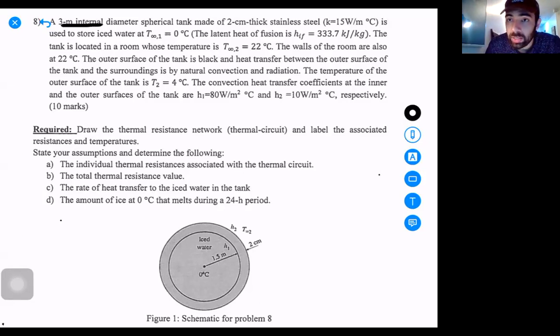The outer surface of this tank is made of stainless steel that has a thickness of 2 centimeters with a heat conduction coefficient of 15 watts per meter times degrees Celsius, and it is used to store iced water inside this tank at 0 degrees Celsius.